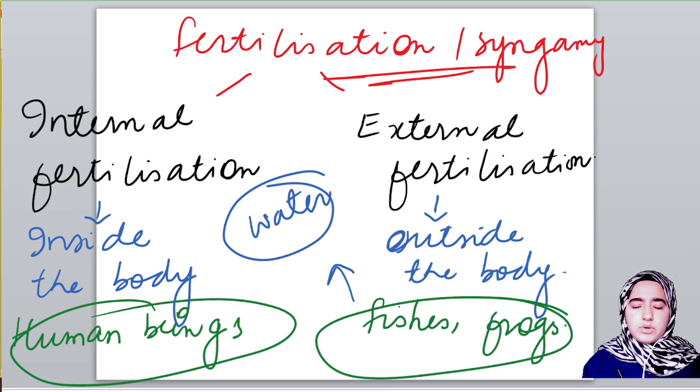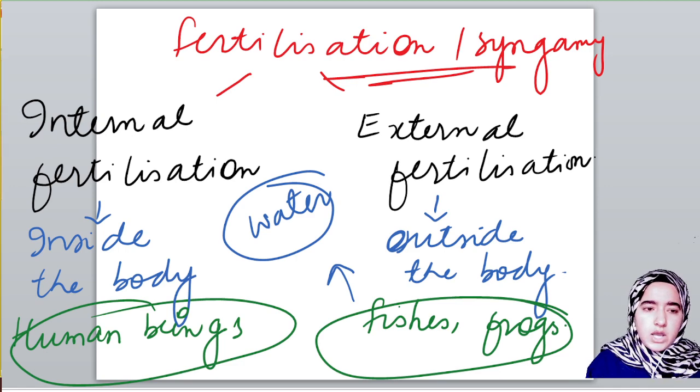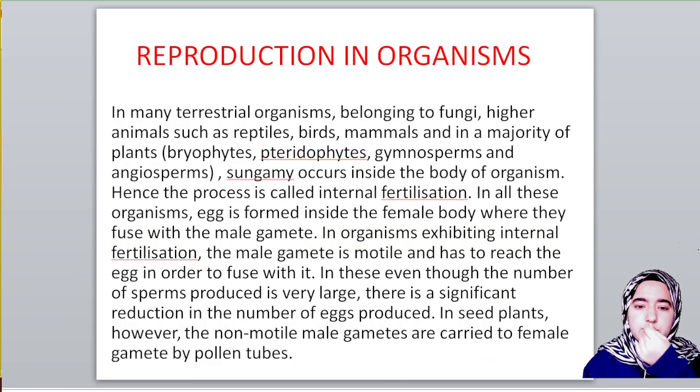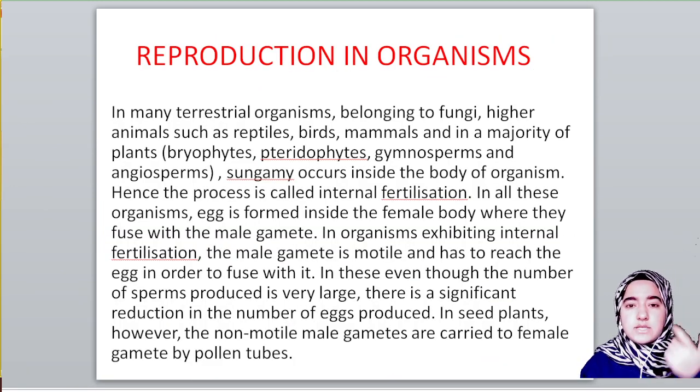As I gave the example of fishes and frogs, fertilization will take place inside the water. And as I already mentioned, male gametes are produced in much greater numbers than female gametes.